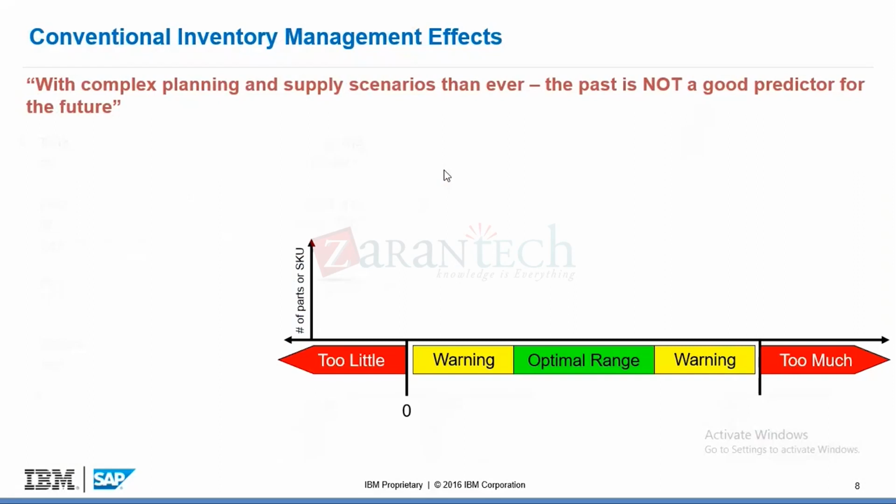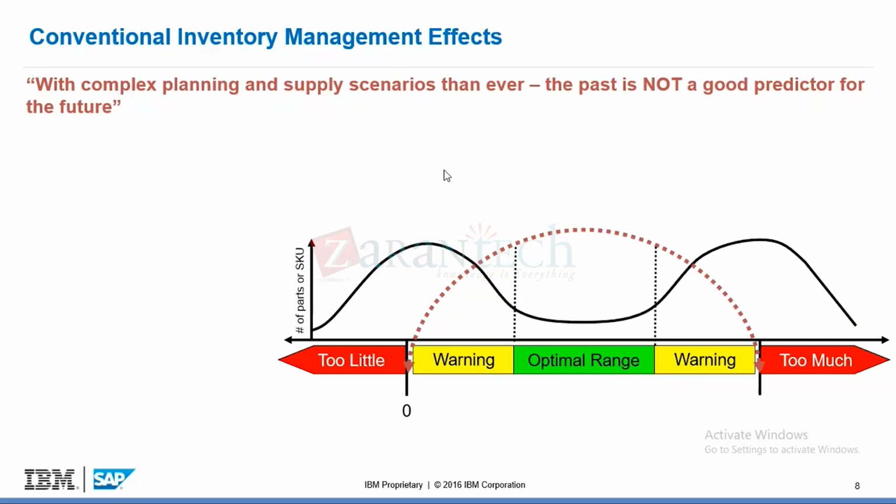The y-axis is the parts, which are in SKU. These are the ranges. We have an optimal range, which is green. We have warning thresholds, and too much and too little are the undesirable areas. There is an oscillation, and there are two curves.